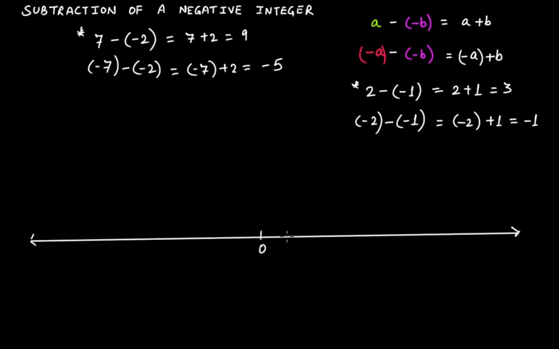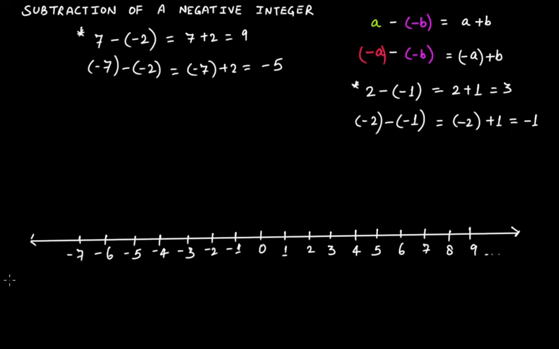So this is 0, this is 1, this is 2, this is 3, this is 4, this is 5, this is 6, this is 7, this is 8, 9, and we'll leave it here. You have minus 1, minus 2, minus 3, minus 4, minus 5, minus 6, minus 7, and just leave it.